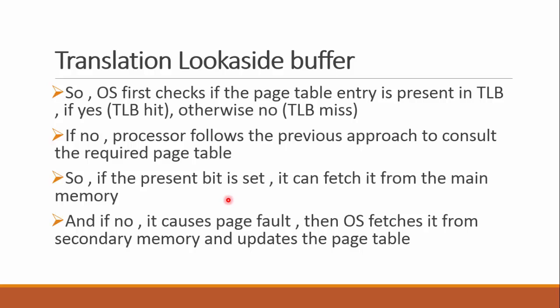So it's the same as before, the only difference is that the first thing it looks into is now the TLB. If the page is not there, it generates a page fault, and the OS fetches it from the secondary memory and updates the page table, setting the present bit to 1 to say that now it is in the main memory and you can access it.